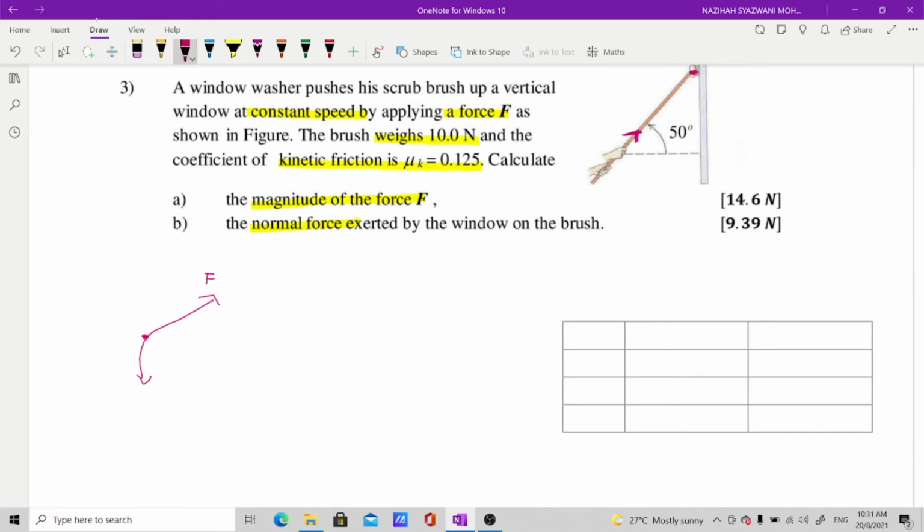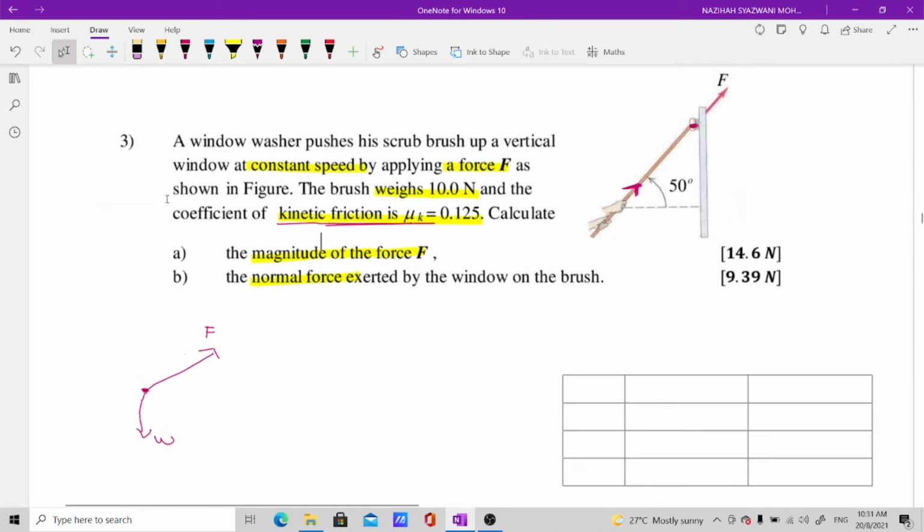So assume this is a straight line, okay? Please draw with a ruler. So this is your weight. It has another force, which is the kinetic friction force. For this case, what would be the direction of the kinetic force? We have to determine on our own.